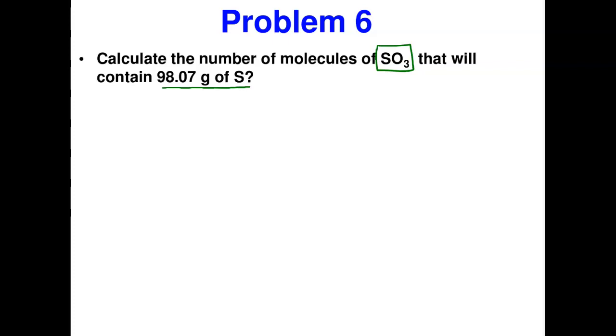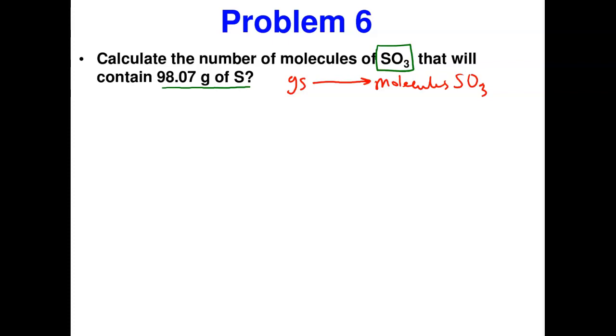So the basic problem we want to solve here is that we're going to be going from grams of sulfur to molecules of SO3. That's basically what we want to do. This is what we want to find. And then we'll try to draw a relationship between these two.